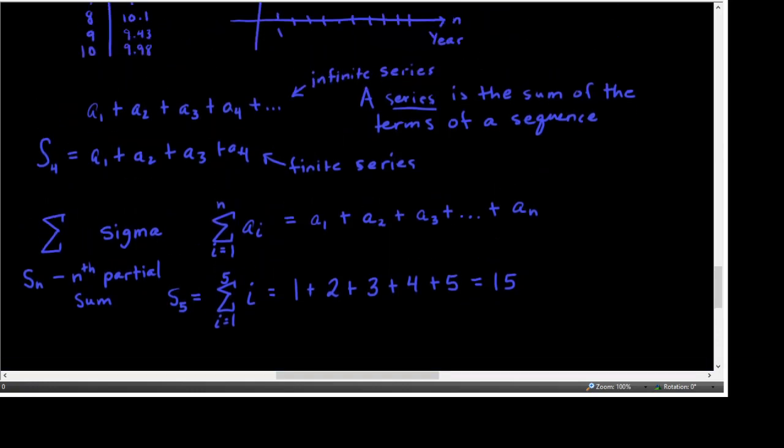Now, one thing I'm going to say is that I don't agree with the way the book does this, but I'm going to show you what they say. In calculus, if you have an infinite series that converges, it's going to converge to the sum of the series, S. S is the sum of the series, if it converges. So I'm going to write sum of the convergent series to be a little bit more accurate.